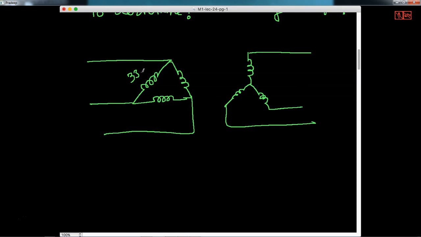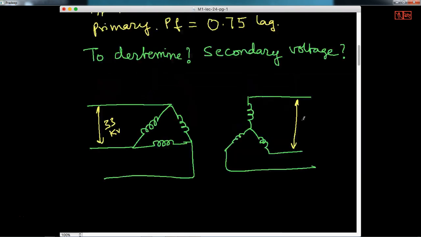Since it is delta, the same 33 kV line voltage will appear as the phase voltage also. Whereas the line voltage of the secondary rated is given to be 6.6 kilovolts in the question. So this is 6.6 kilovolts, and therefore the phase voltage will be 6.6 kV divided by root 3.